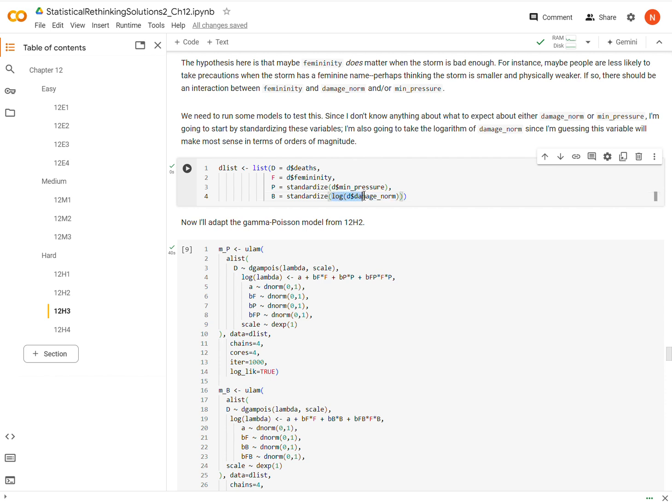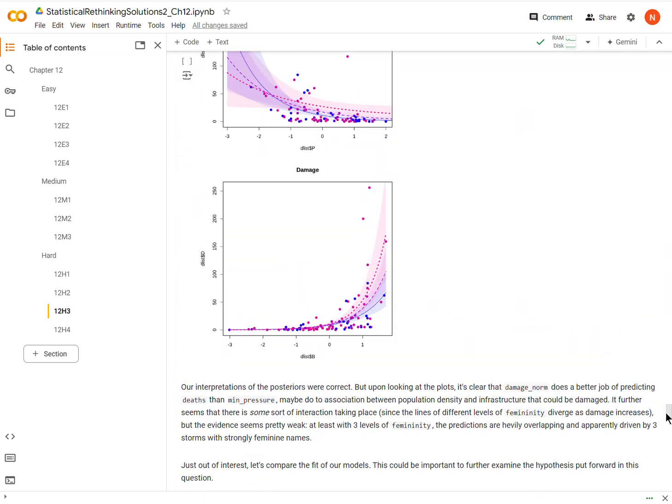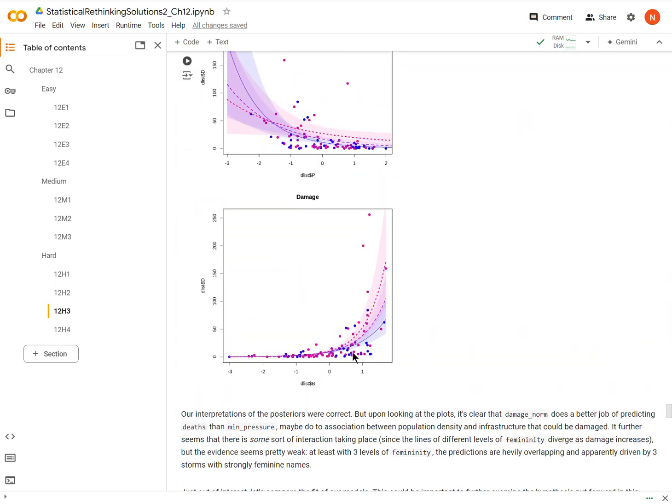So instead I took the logarithm of damage norm. Here the damage norm is actually the logarithm of the damage norm, and just to make it more complicated, it's a standardized version of the logarithm of damage norm.